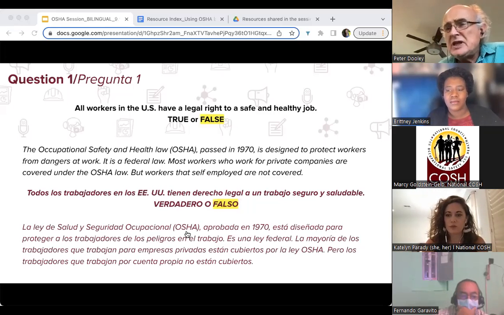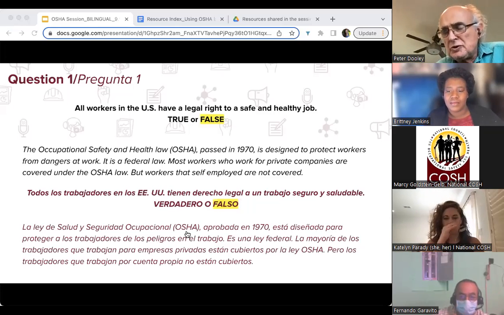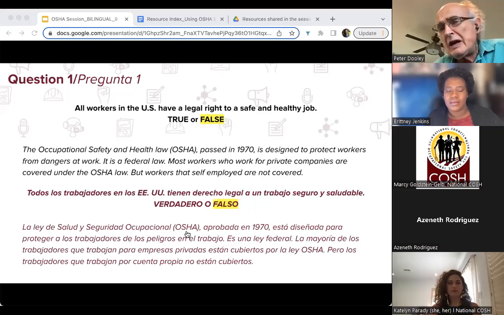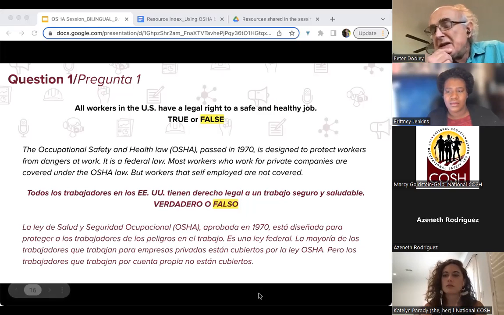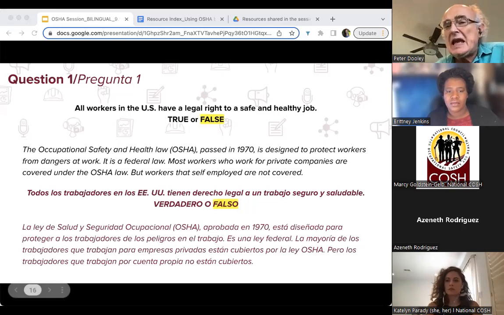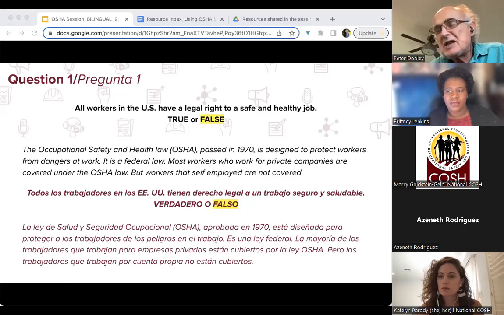And it mostly covers private sector workers. But not all private sector workers. Probably the best example are workers that are truly self-employed. And of course, we all know there's a lot of controversy, sometimes workers are designated self-employed, but they really may be working for an employer. So that's an exception.